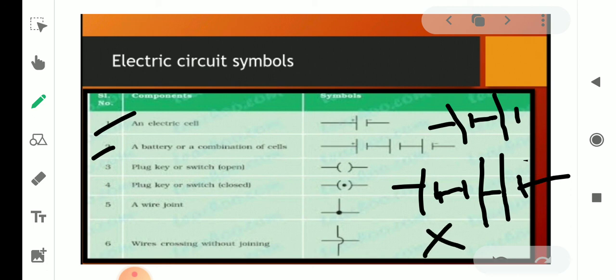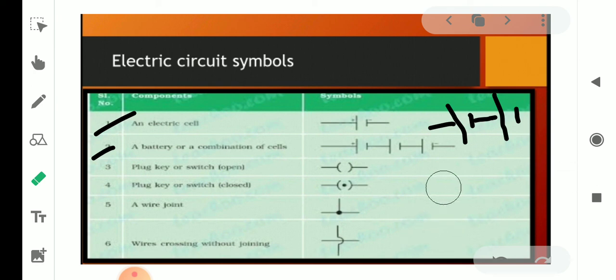In this case the voltage gets cancelled out. Always it should be connected positive negative, positive negative, positive negative. In that way the connection should be. Okay, so remember that the battery is always connected in this manner.